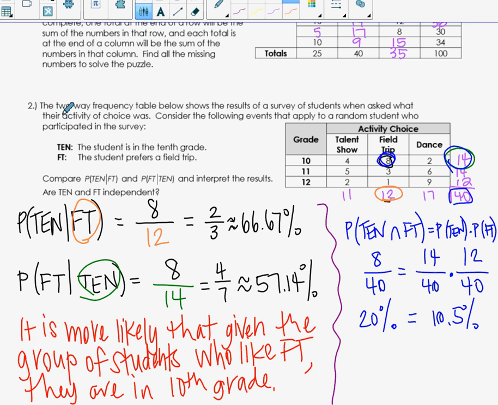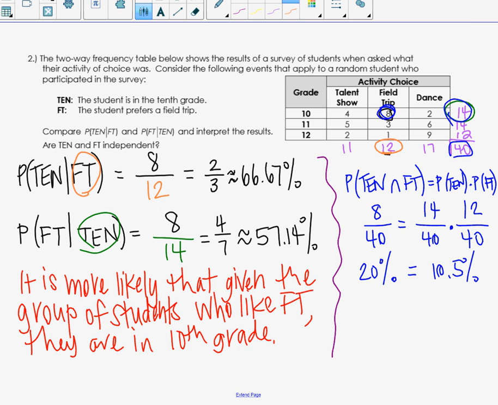So there's not a 1% leeway swing there. That's way bigger than that. So that means these are dependent. So they do affect one another.